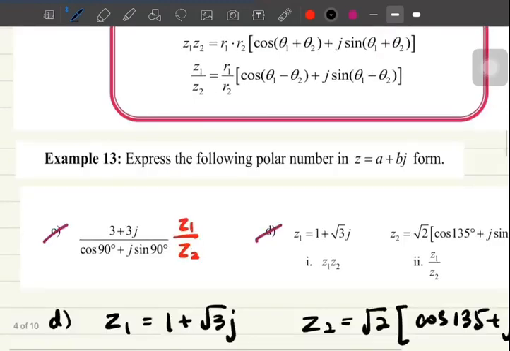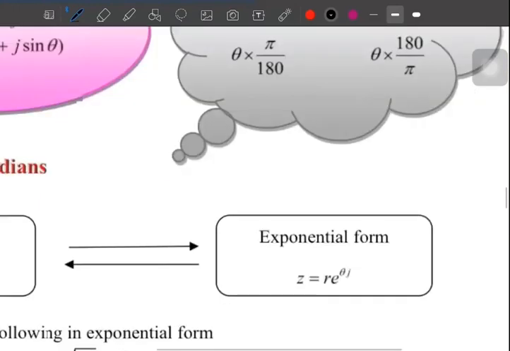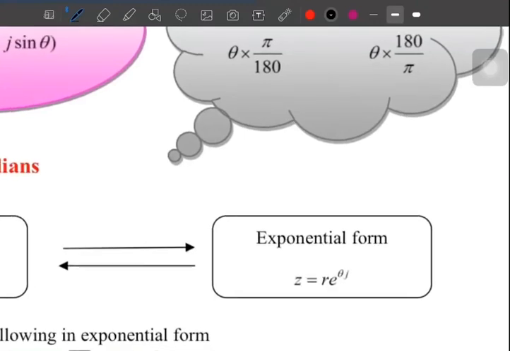Okay. Okay, next. Exponential form of a complex numbers. So sebelum ni kita dah tengok polar form. So now complex numbers ni kita boleh tulis juga dalam bentuk exponential form. So in exponential form, Z is equals to R exponent theta J. Okay, this one.